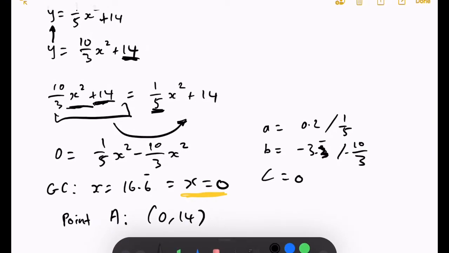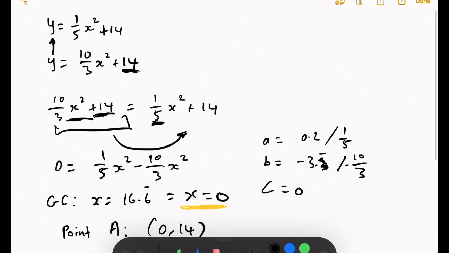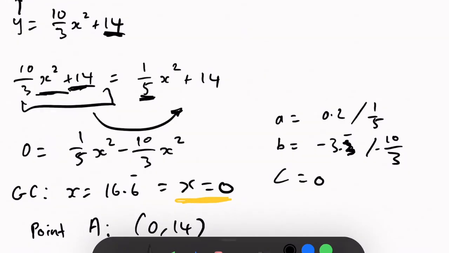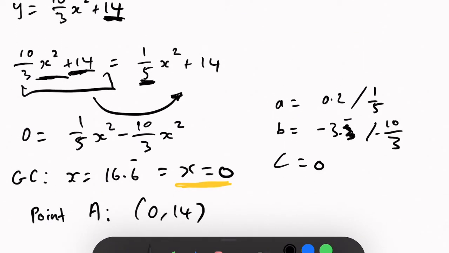You can also plug x equal to 0 into one of these equations to get the y value as well, which, if you do it for both of them, you should get x equals 0, y equals 14. So that is point A.